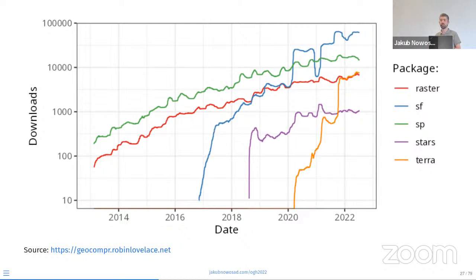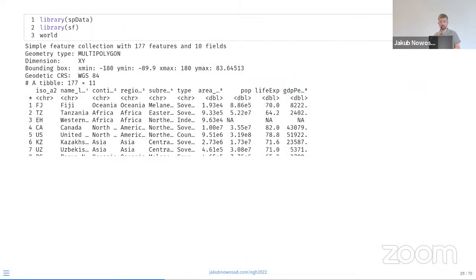So there is still that trend of more and more downloads. And then you can see that some packages like sp have slower growth compared to packages like sf. I will explain that a little bit in a few minutes, but let's go to code for the first time.